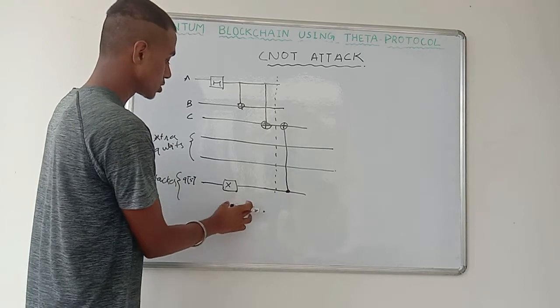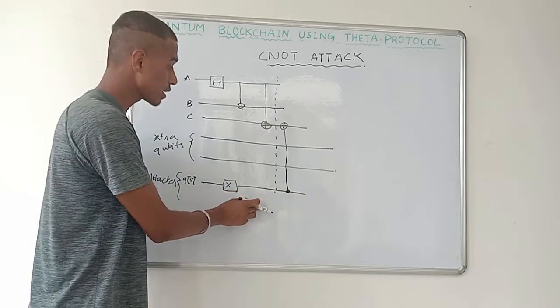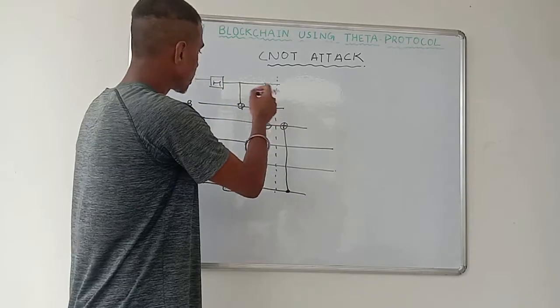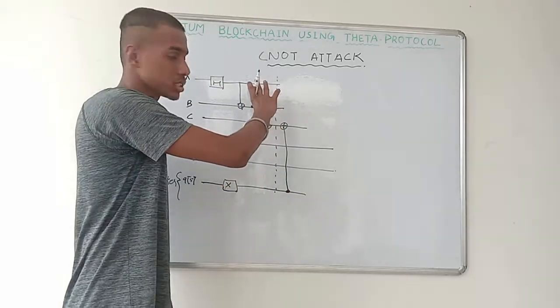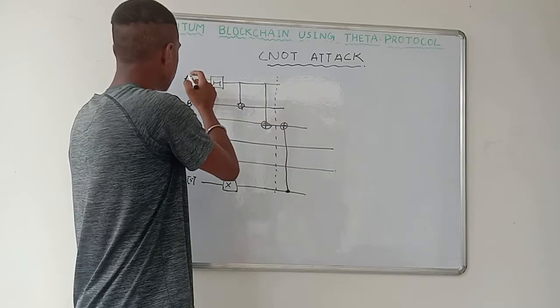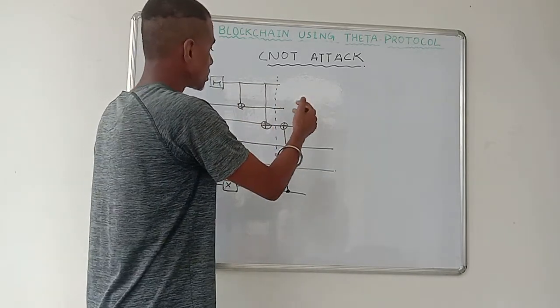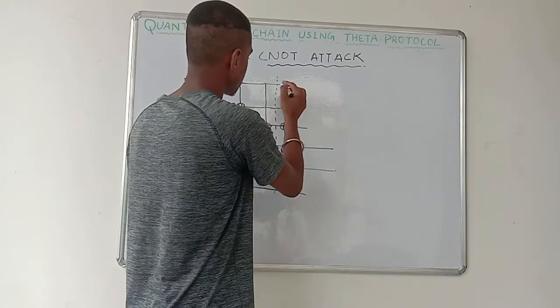Up to this point we saw how an attacker can perform the CNOT attack to tamper with or steal the information that A, B and C have shared.